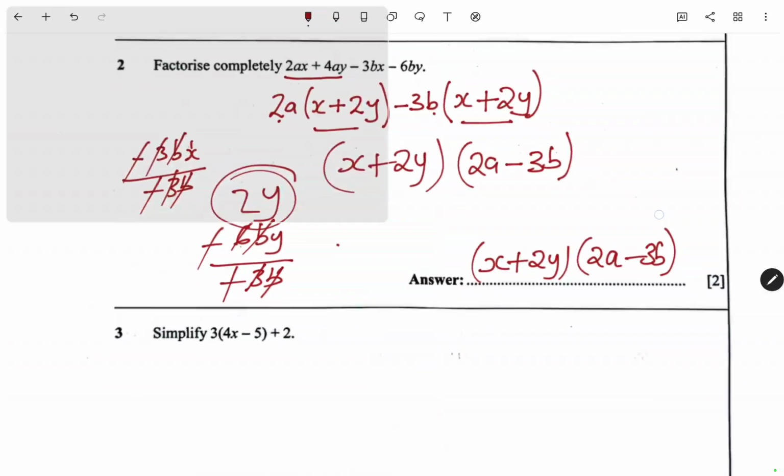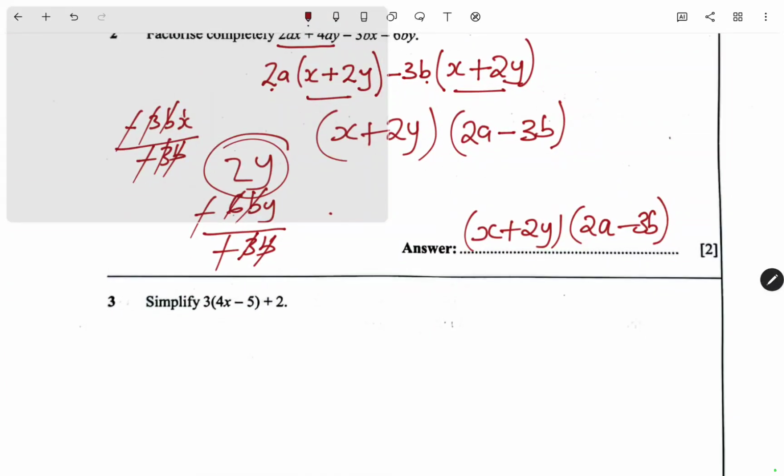Done with this one. Next question again, saying simplify. Remember, when we're simplifying and we have brackets, we open the brackets. This will be 3 times 4, 12x. 3 times 5, it is 15. Now, since this is a positive and this is a negative, it will be negative there.